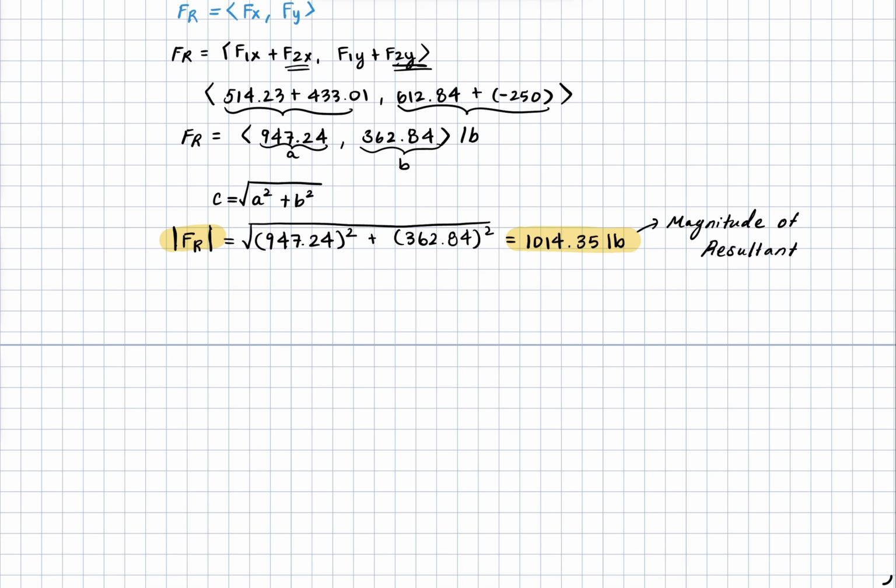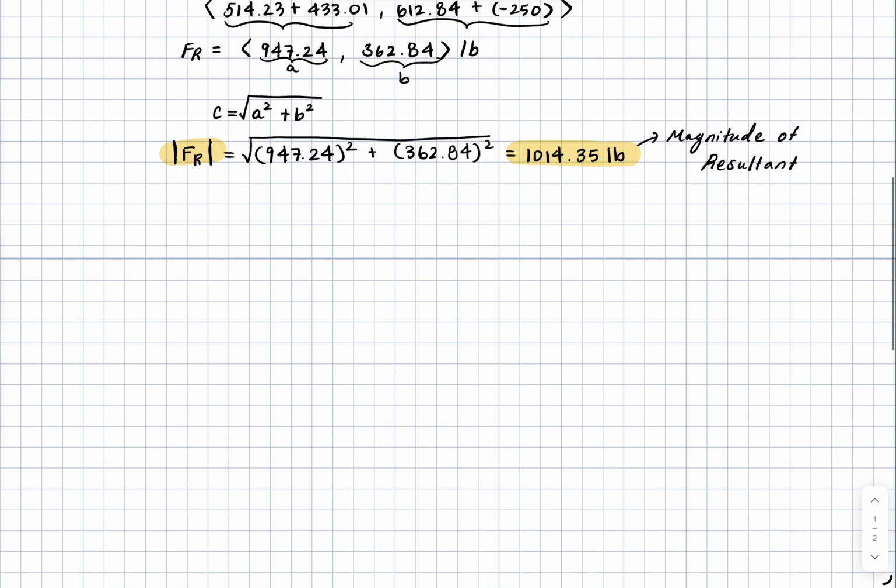Now, we also need to find the direction. So drawing our components, we have our FRx, which goes this way, and our FRy, which goes this way. And lastly, our FR, the actual resultant force, which points in this direction, and what we calculated to have a magnitude of 1,014.35 pounds.